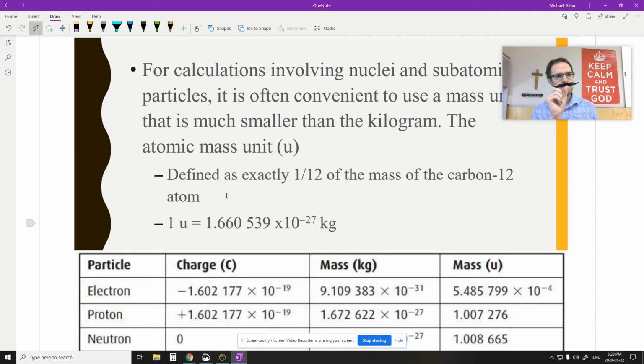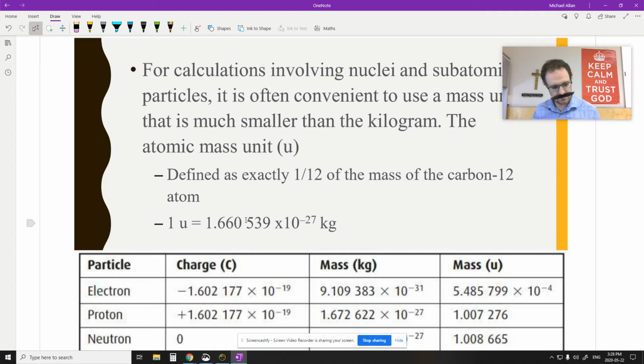Each piece actually weighs slightly differently because there's 6 protons and 6 neutrons in there, but the average of each of those pieces is 1.66 times 10 to the negative 27. You'll find that on the formula sheet.